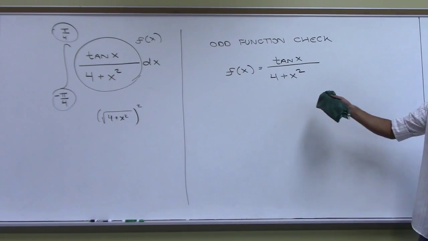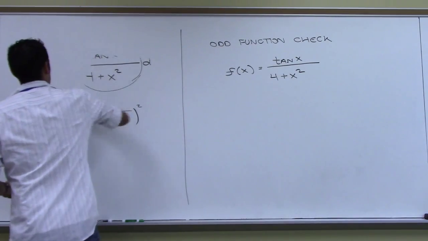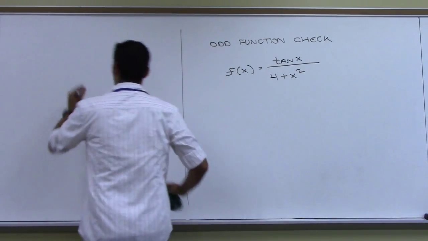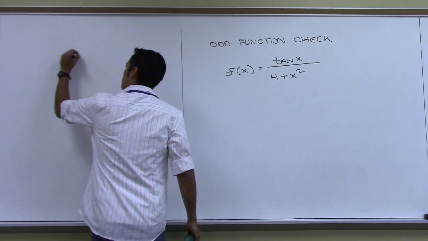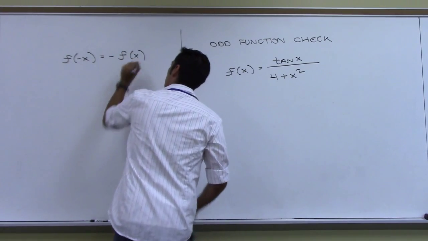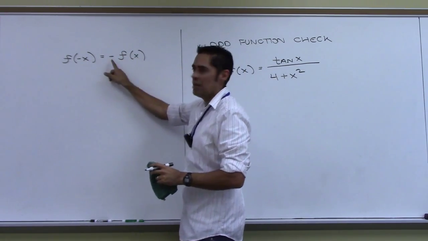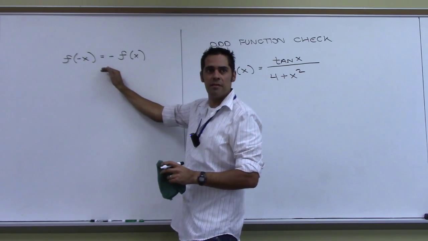And I'll remind you of what it means to be odd. To be odd means that when you plug in negative, it's the same as the function without negative, right? Change the sign. This is the definition of an odd function right here.